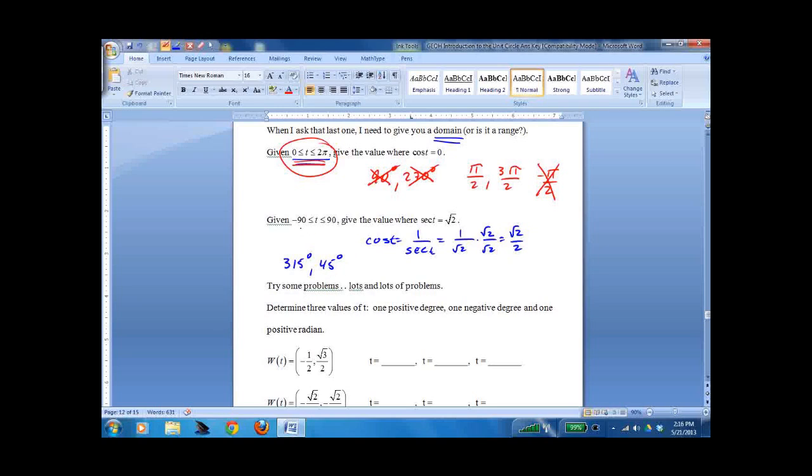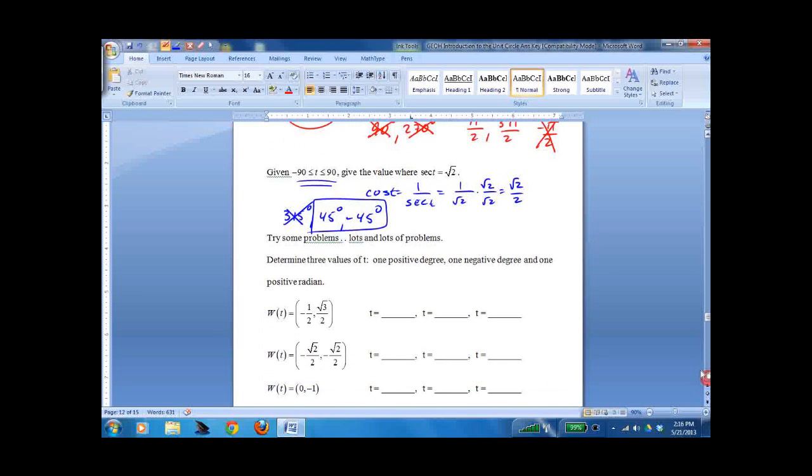But our answers say negative 90 to 90. So this one won't work. This one's fine. But I still want to use this location if I can. So what about negative 45 degrees? And yeah, that works. That's between negative 90 and 90, and that will get us there on the unit circle. So these problems are very tricky. You have to think about them, and you have to get used to practicing them.